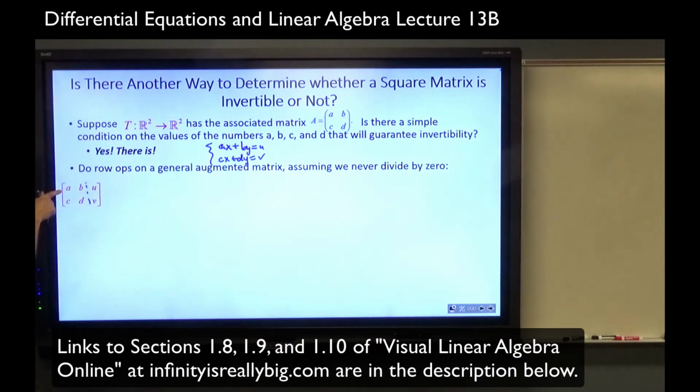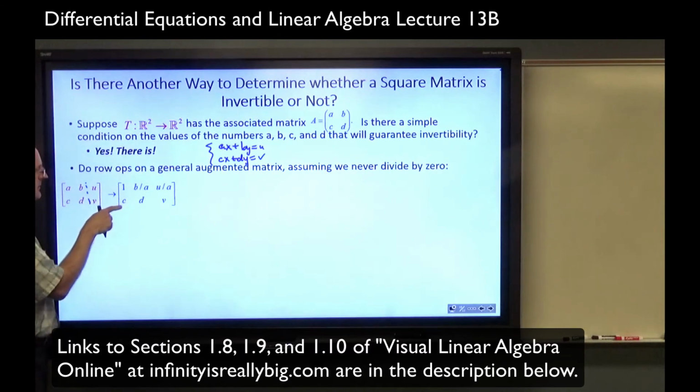Do row operations in this general setting. First, put a 1 in the upper left corner there, a leading 1 in the first row. In other words, multiply row 1 by 1 over A, assuming A is not 0. That becomes a 1, this becomes a B over A, this becomes a U over A. Then we want to get a 0 under it.